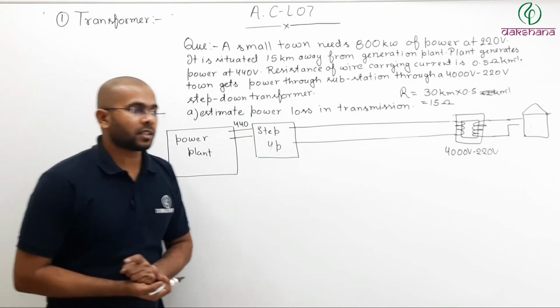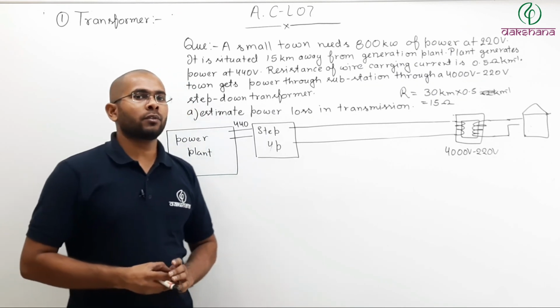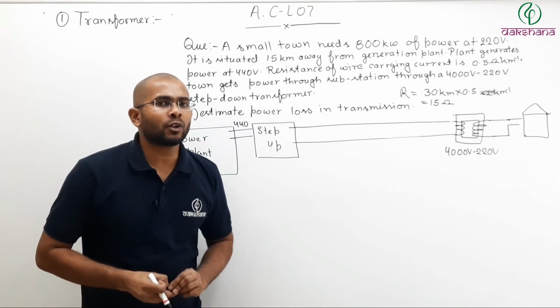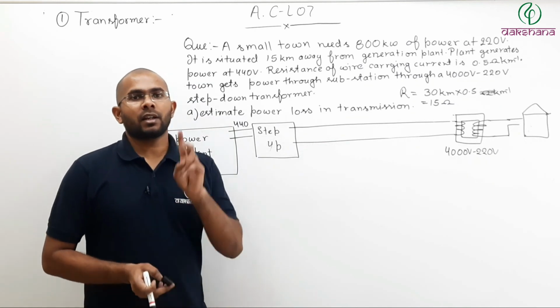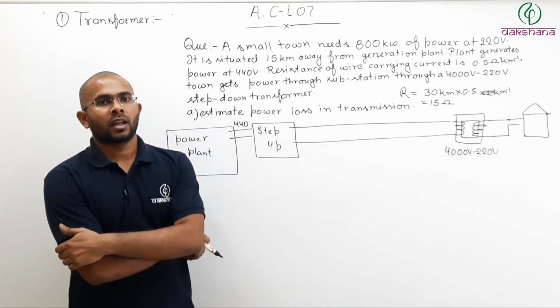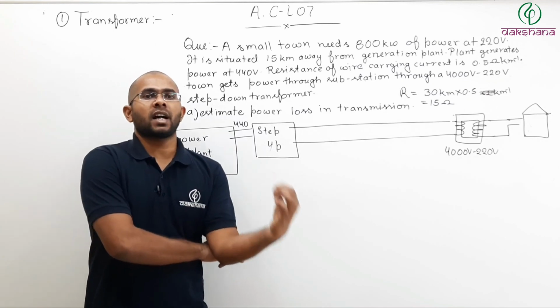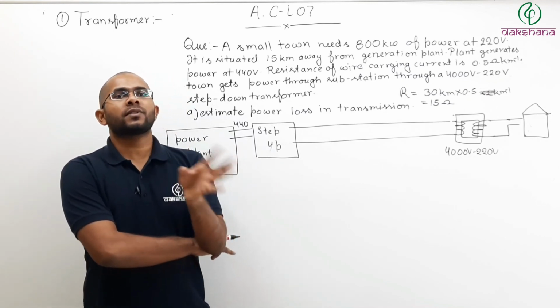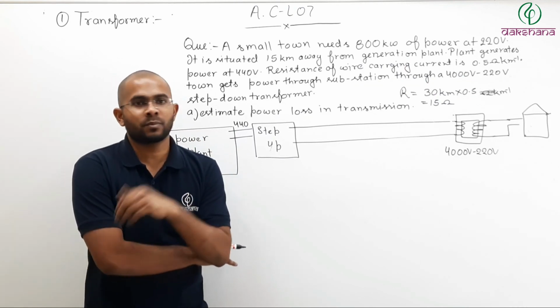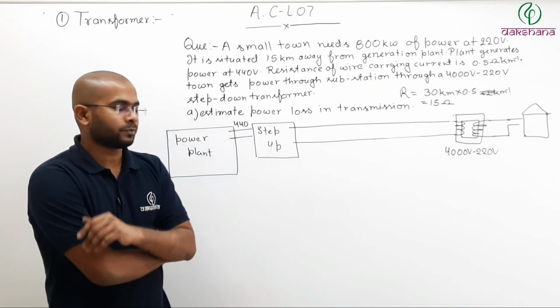Now, if the resistance of the wire is 15 ohm, how do you find the power loss? There are two ways to find the power loss. Either you use the I square R formula, or you use the V square by R formula, where V is the potential difference across the wire.